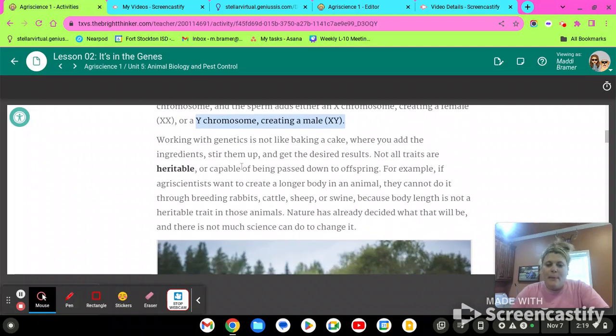All right, so it says genetics is like baking a cake, where you add ingredients, stir them up, and you get desired results. A lot of people in livestock work with these genetics to make the animals be what they are. You can even get sexed semen. So whenever you're going to artificially inseminate an animal, you can pay extra and say, I want a heifer every time because I'm growing a breeding operation and I have no use for steers, right?